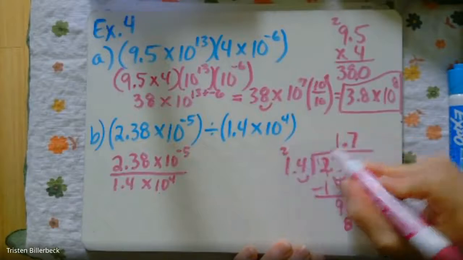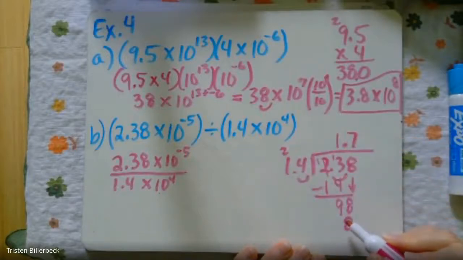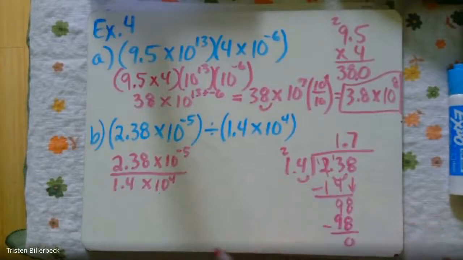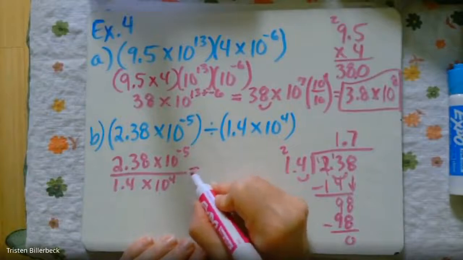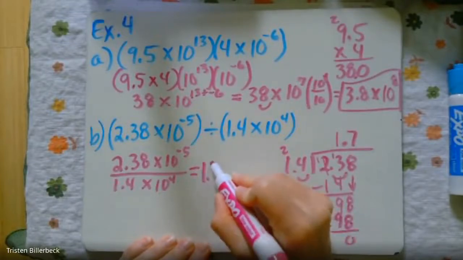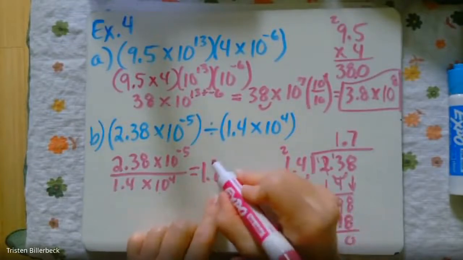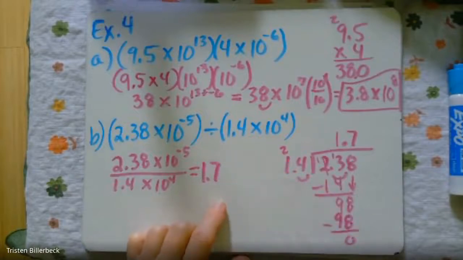Carry a 2. 7 times 1 is 7, plus 2 is 9, and we have a 0. So this ends up 1.7, which is a good scientific notation number. It's between 1 and 10, so that one is fine.